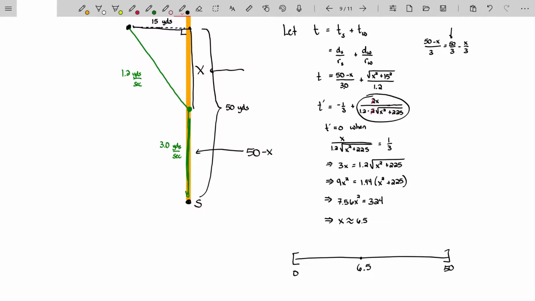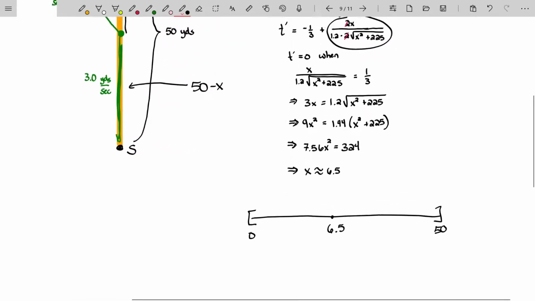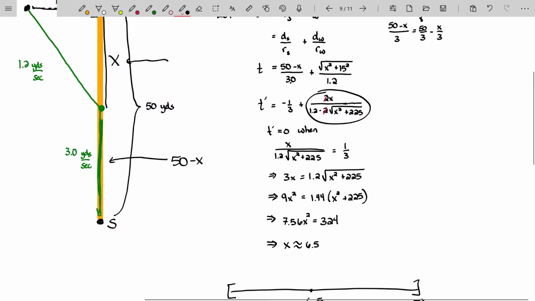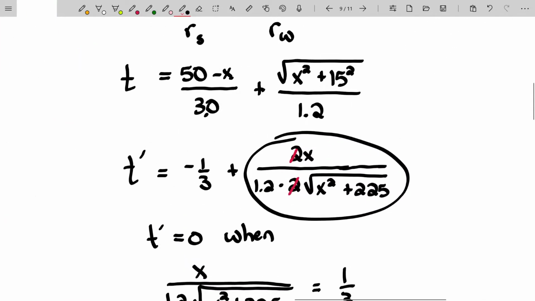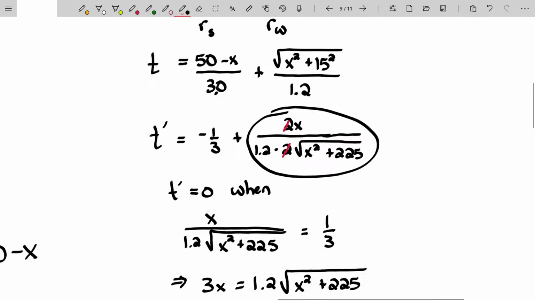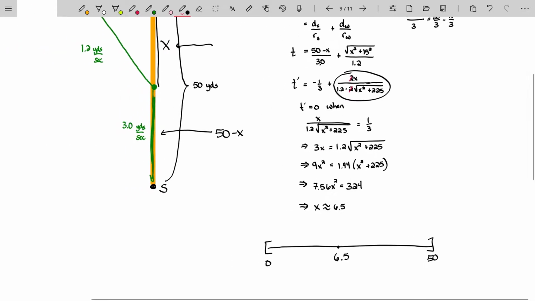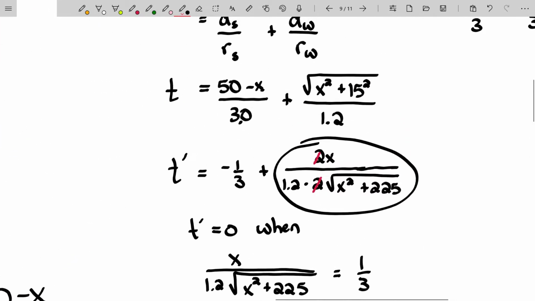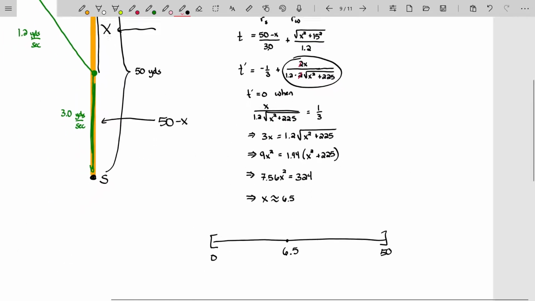So now you could test values. Go to T prime, which is this value up here, and plug in values between 0 and 50. Actually, you could plug in 0 and 50 if you want to. If you plug 0 into T prime, you'll get a negative.